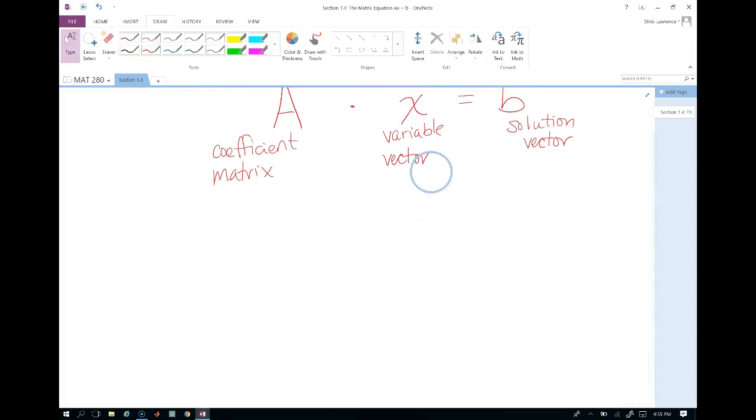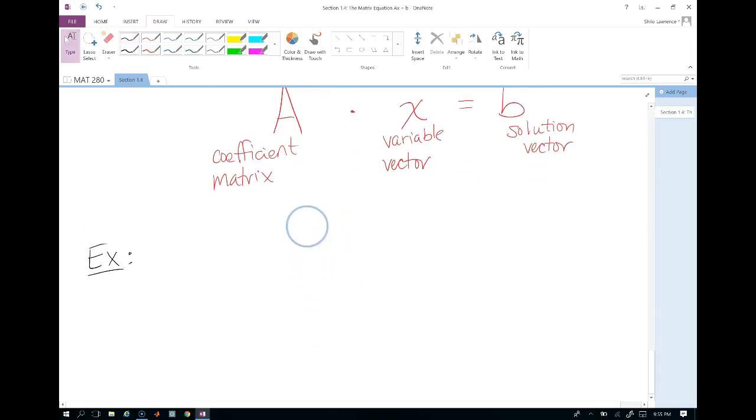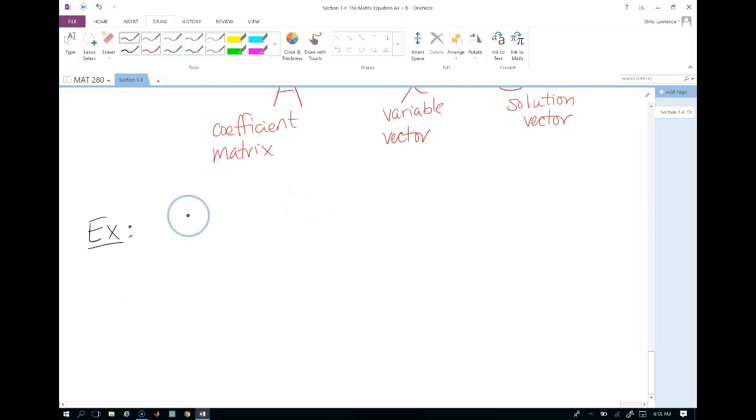Let's look at another one of those real quick, and then we're going to do this one a lot quicker. Now that we have identified where all of those pieces come from, we should be able to do it faster. So what if we have 5x1 minus 3x2, 2x1 plus x2. I'm using two different notations here.